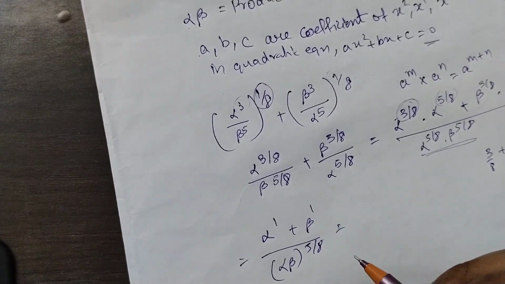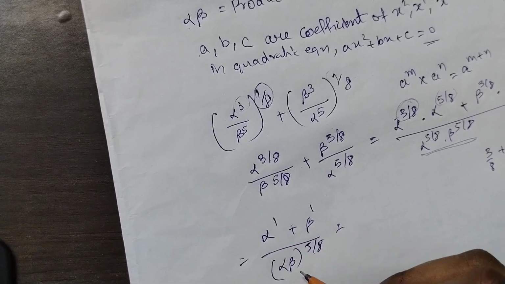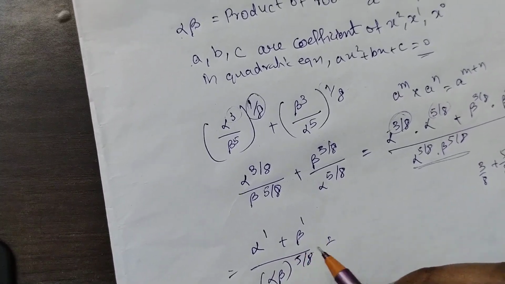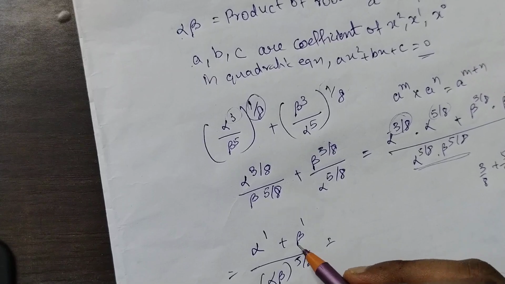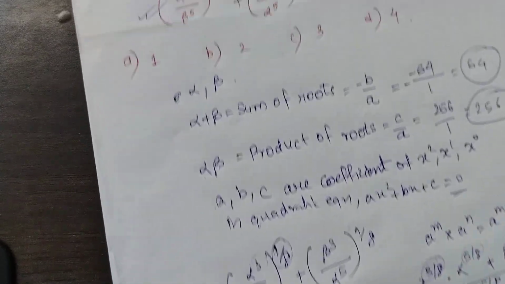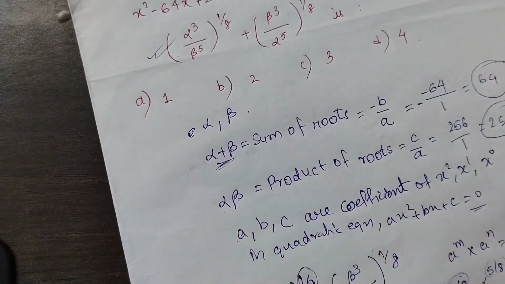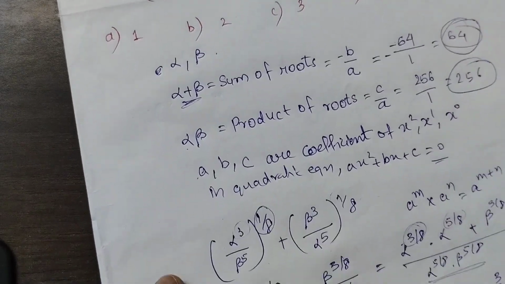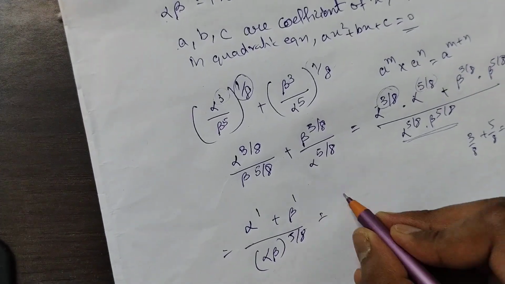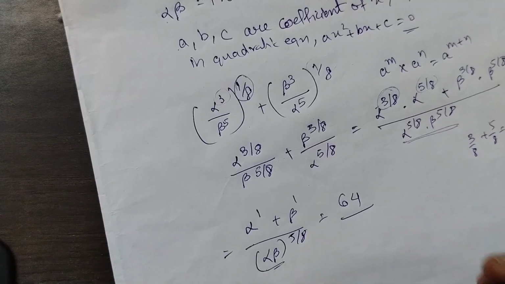Then we have the alpha plus beta value and the alpha times beta value as the sum and product of the roots. Alpha plus beta is 64.